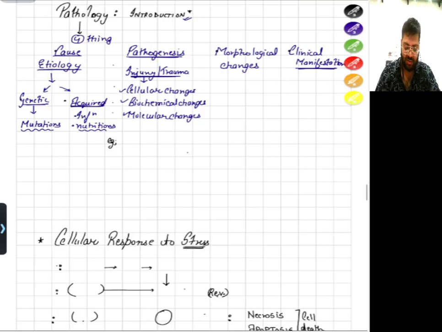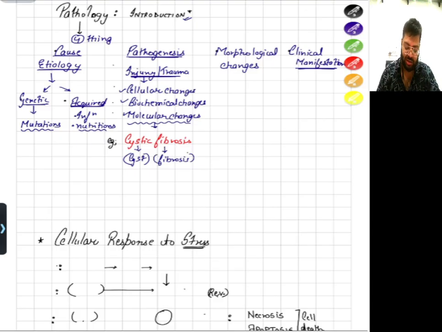How can I simplify it? Let's take an example of a disease called cystic fibrosis. What does the name tell you? Cystic means cyst. Fibrosis means fibrosis. Where is the cyst? Where is the fibrosis?